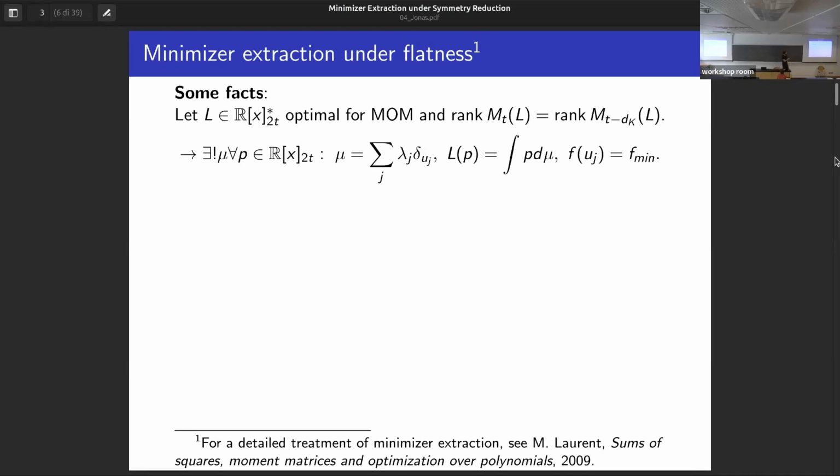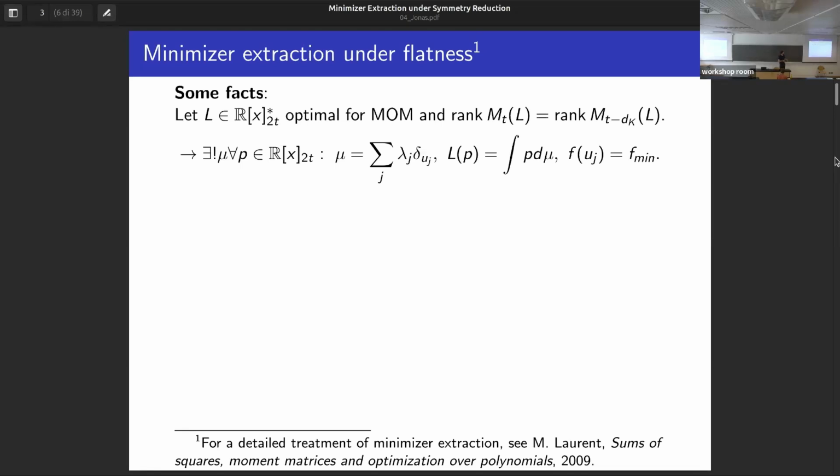You know that your linear functional in fact corresponds to this measure. So instead of plugging a polynomial p of small enough degree into your L, you can instead integrate with regards to your finitely atomic measure. Furthermore, the support of this measure, the atoms of the finitely atomic measure, are precisely the minimizers of your polynomial f.